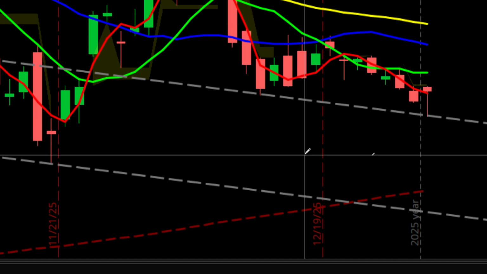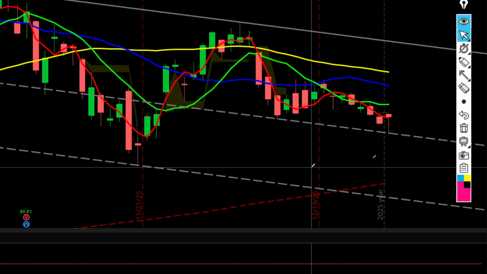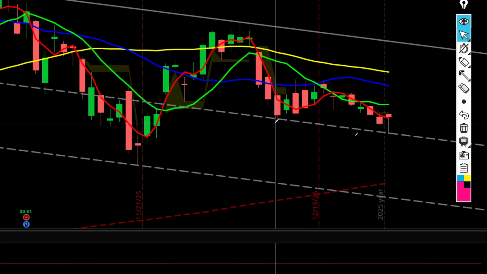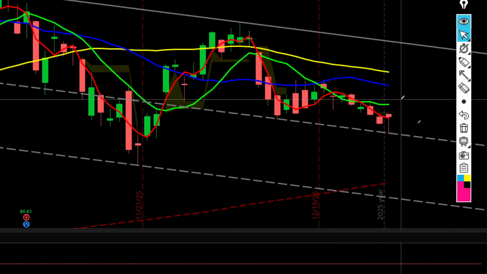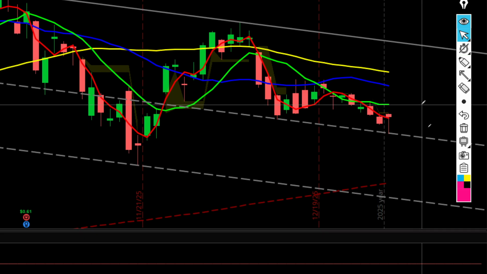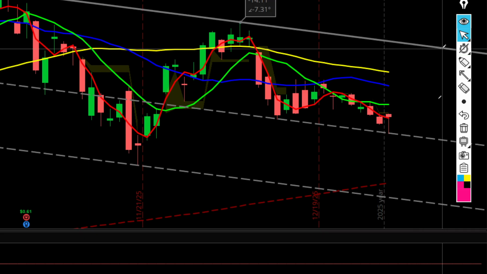Possibly, because one of the patterns that we will see is it hits the 21, tries a new low, then it hits the 50, tries a new low, hits the trend.